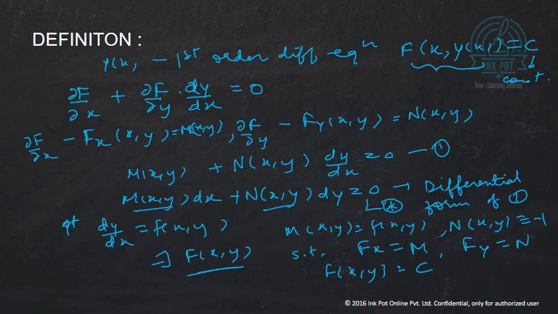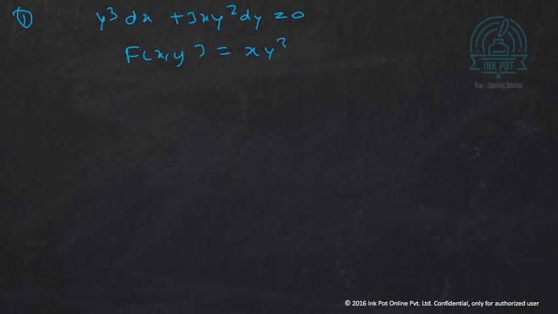So let us see some of the examples and then the criteria. Consider the differential equation y cubed dx plus 3xy squared dy is equal to 0, and consider the function f(x, y) as xy cubed.